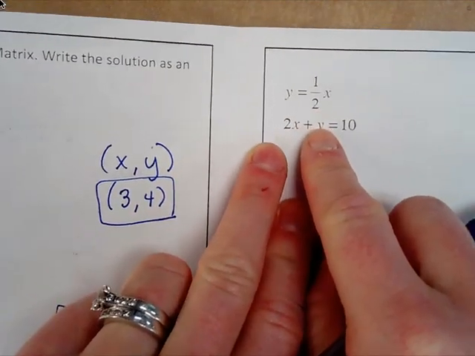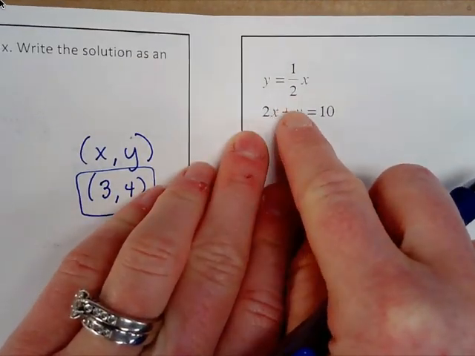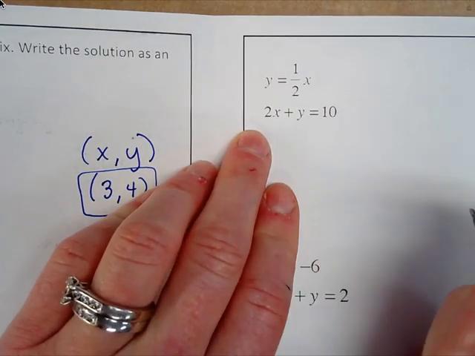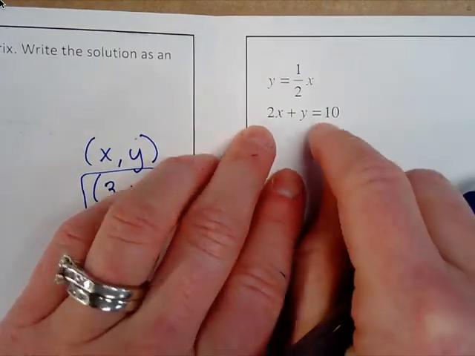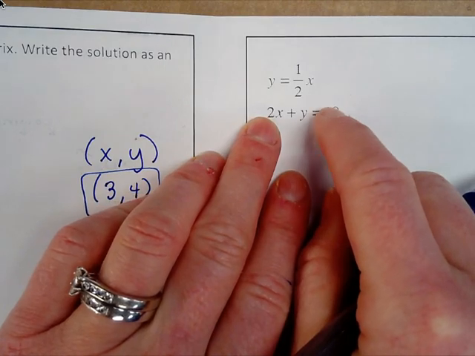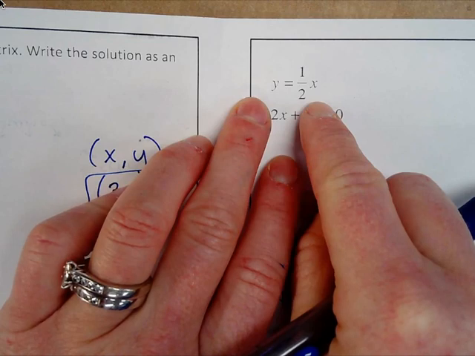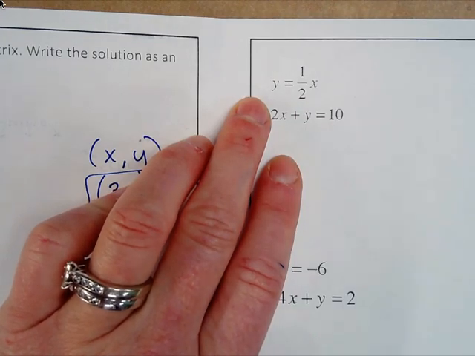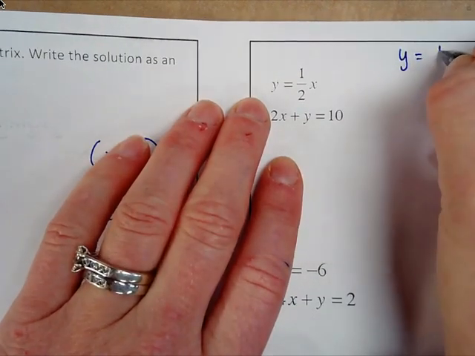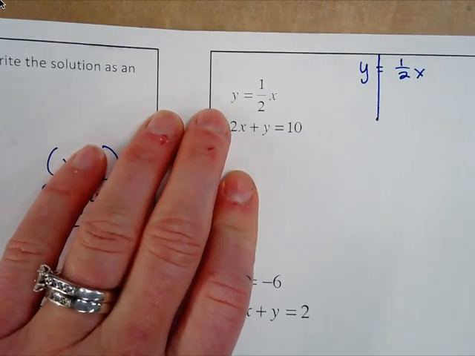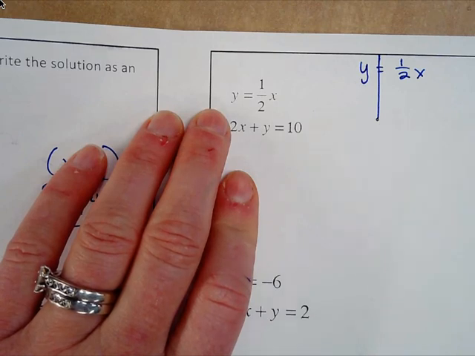So look at this one. See, it says y equals half x. If I see one like this, it might be easier just to solve the other one for y, but it might not. So what we would want to do is get this to say ax plus by equals c. So we have y equals half x. We want to say ax plus by equals c, so we need to get the 1/2 x to the other side.